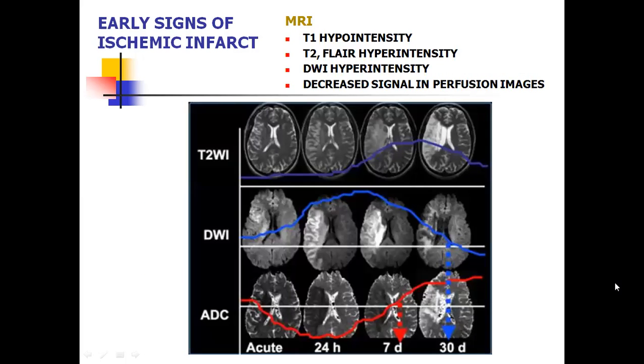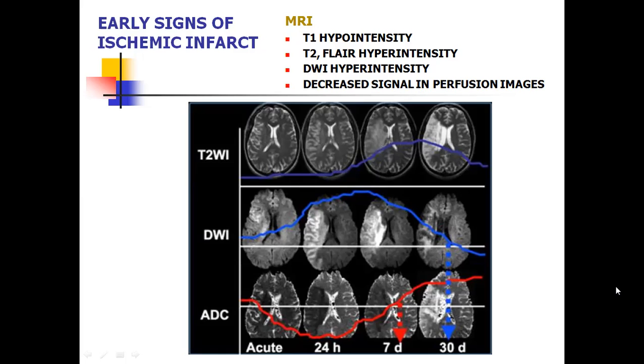On MRI, early signs of ischemic infarcts are T1 hypointensity, T2 and FLAIR hyperintensity, hyperintensity on diffusion-weighted imaging, and decreased signal in perfusion images.